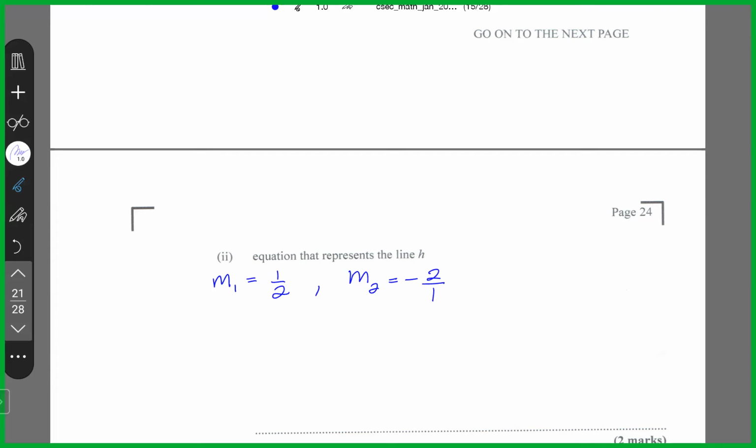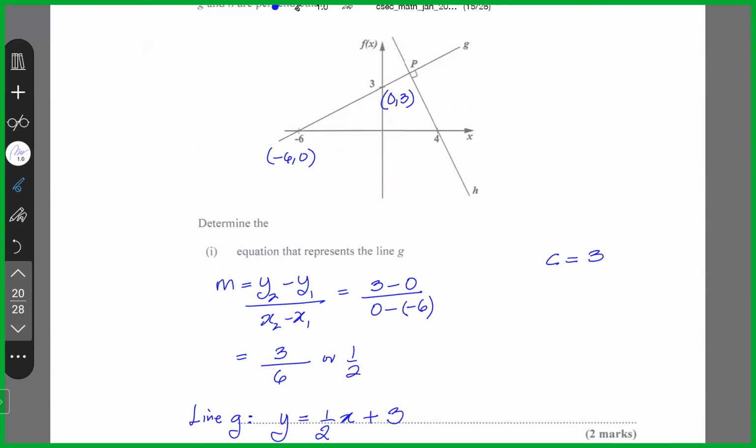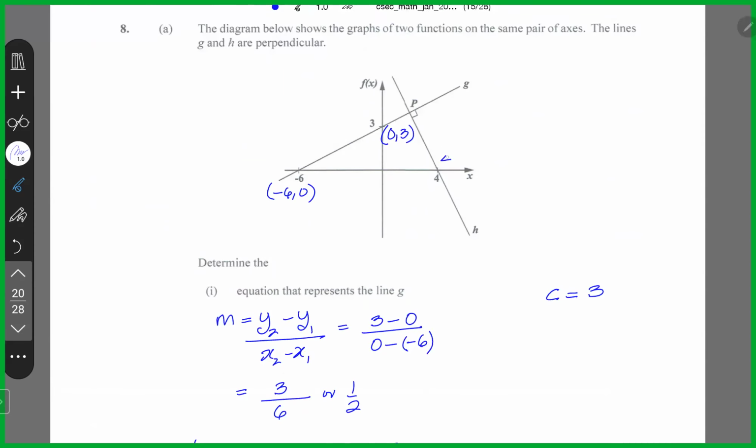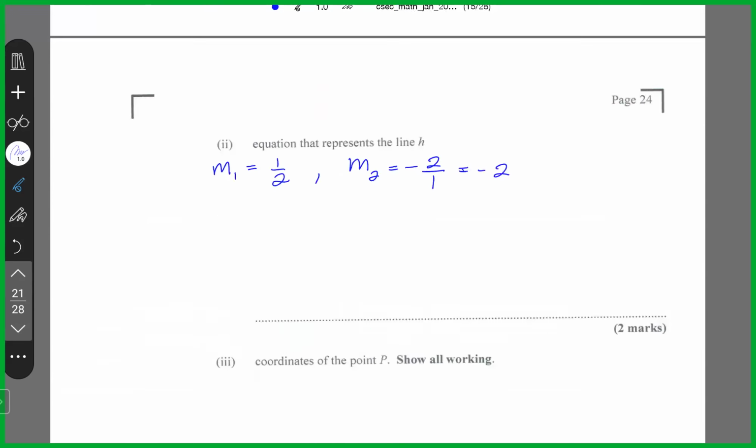If you invert a half, positive a half, and change its sign, it becomes -2 over 1, or simply -2. Now, the line H passes through the point (4, 0), which is its x-intercept. You can look and see for yourself.